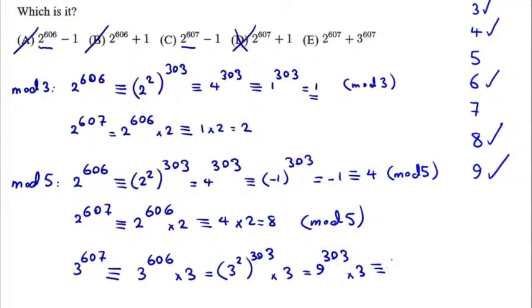If you consider mod 5, it will be negative 1 to the 303 times 3. And it will be negative 1 times 3, negative 3, which mod 5 is 2. So if we consider these, 2 to the power of 607 is 8, plus 2 is 10. 10 is a multiple of 5, so we cancel E, and because only one choice is left, the answer is C.